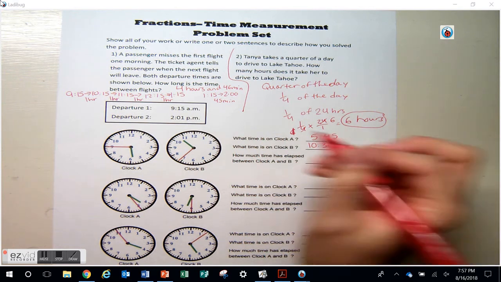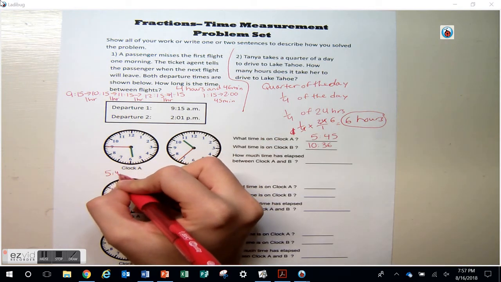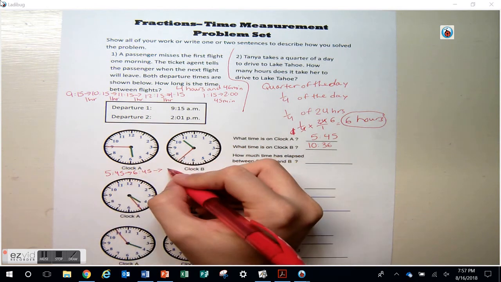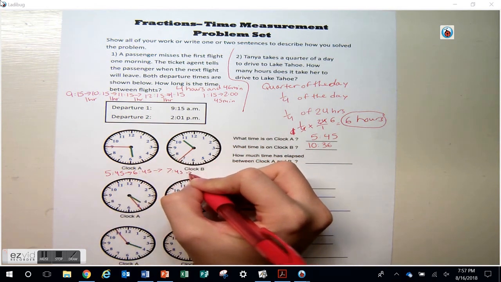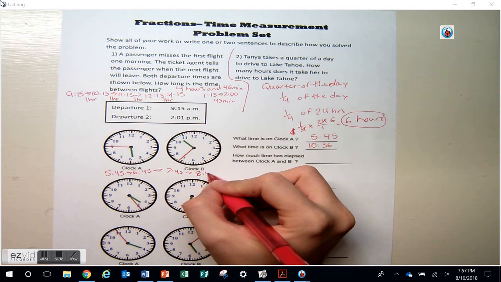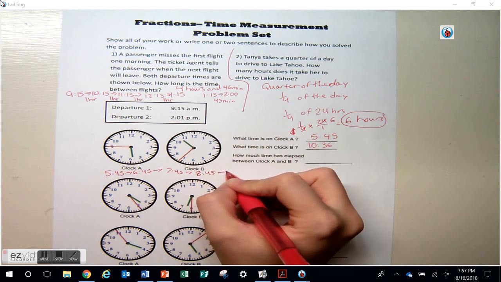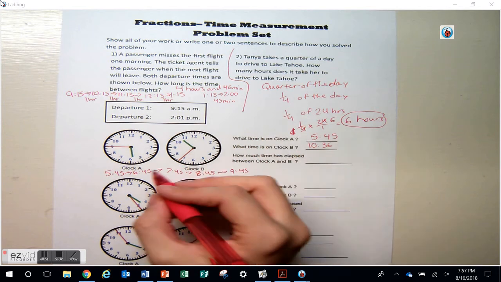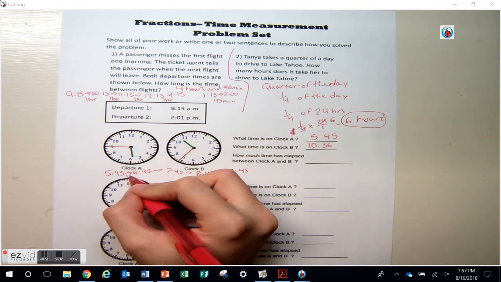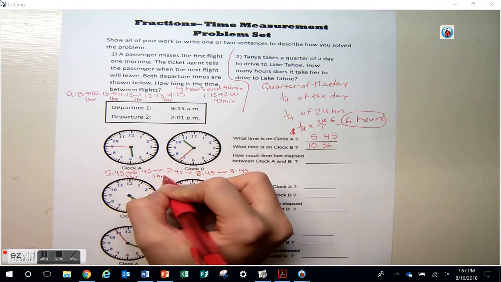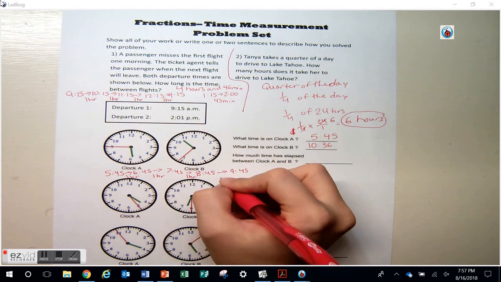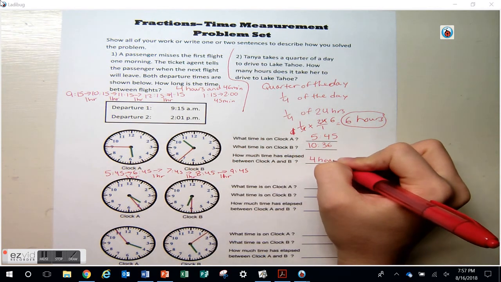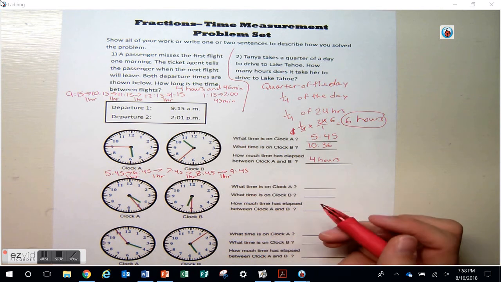And we want to know how much time's elapsed. So 5:45, 6:45, 7:45, 8:45, 9:45. Can I go to 10:45? No. So we have 1 hour, 2 hours, 3 hours, 4 hours. 9:45.